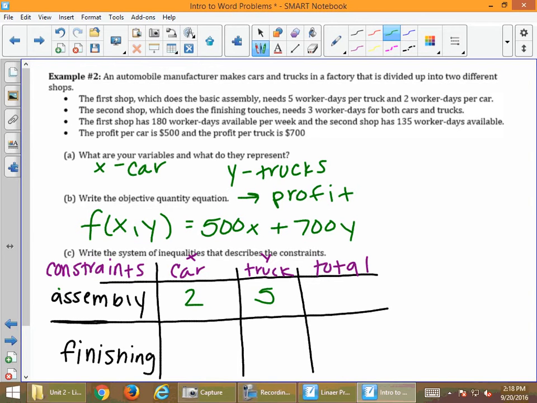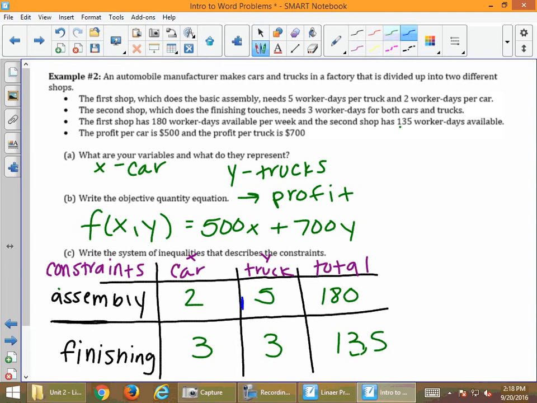So how many worker days does shop 1 have? 180. How many for a car for finishing? 3. And 3. We need 3 for both. How many total worker days do we have for finishing? 135. Because again, finishing is happening in shop 2. Shop 2 only has 135. You just made your equation.